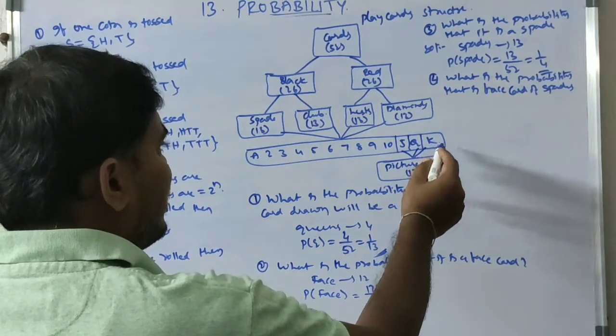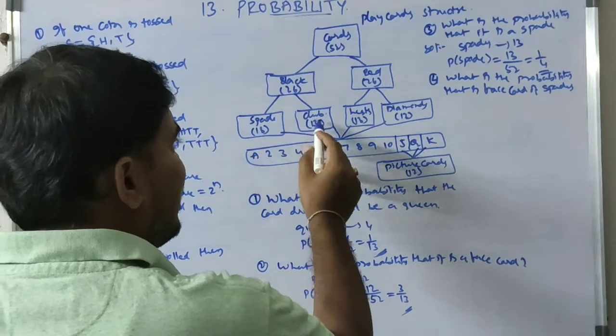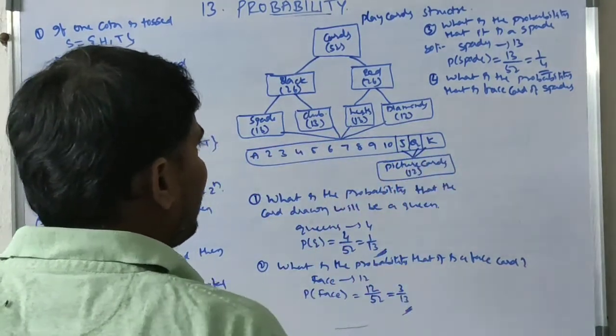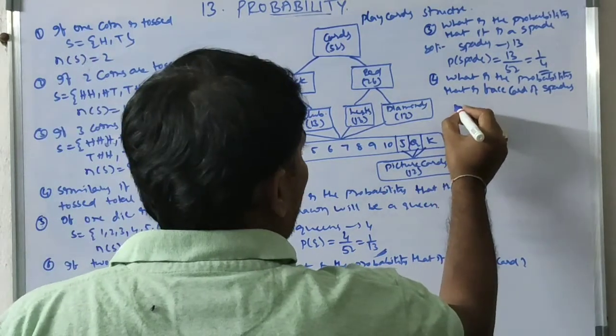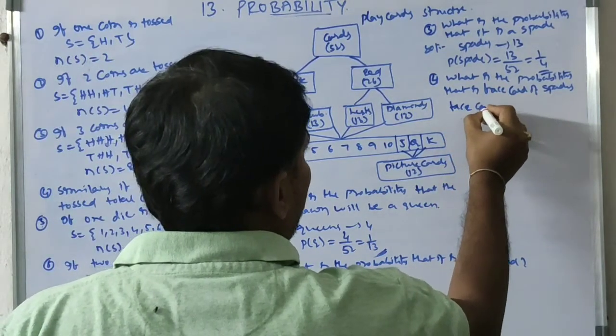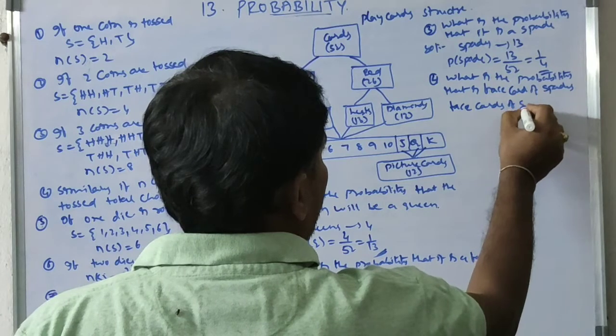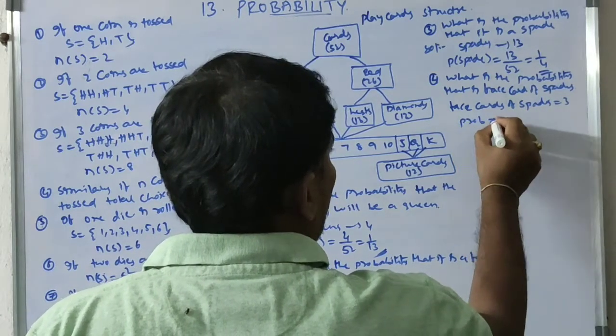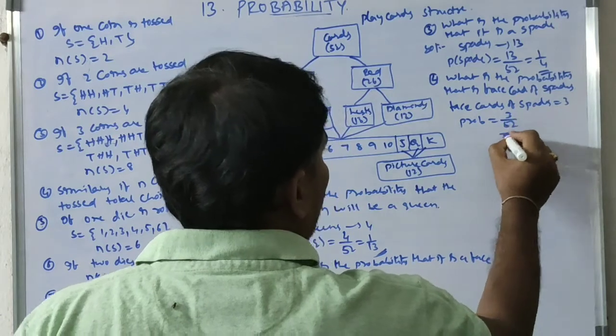These three face cards are in spades, clubs, hearts, diamonds. In spades, how many face cards? 3. Probability equals 3 by 52.